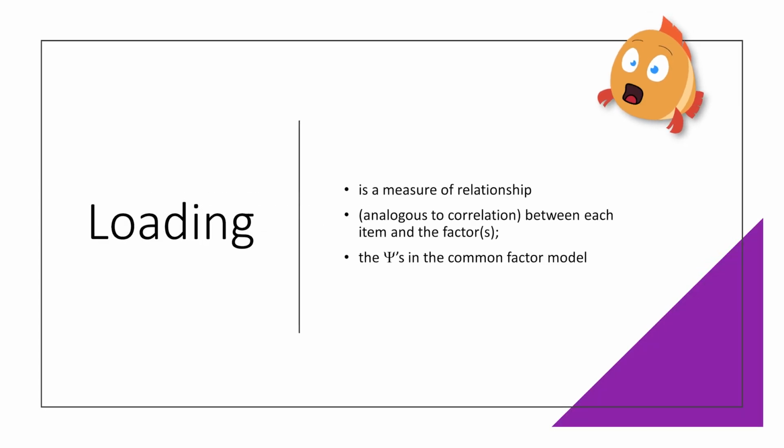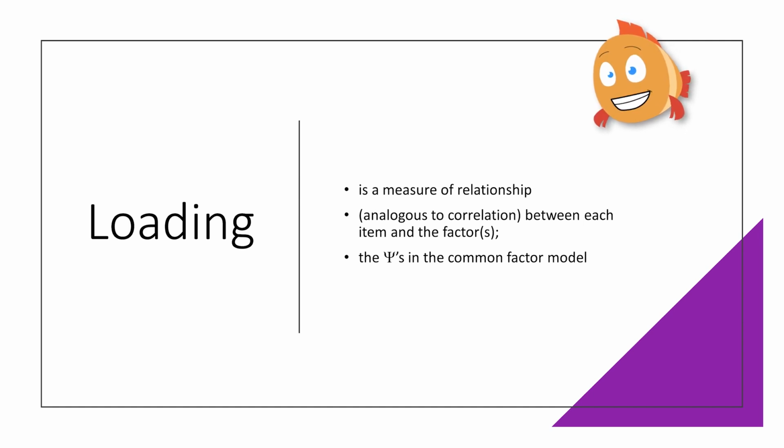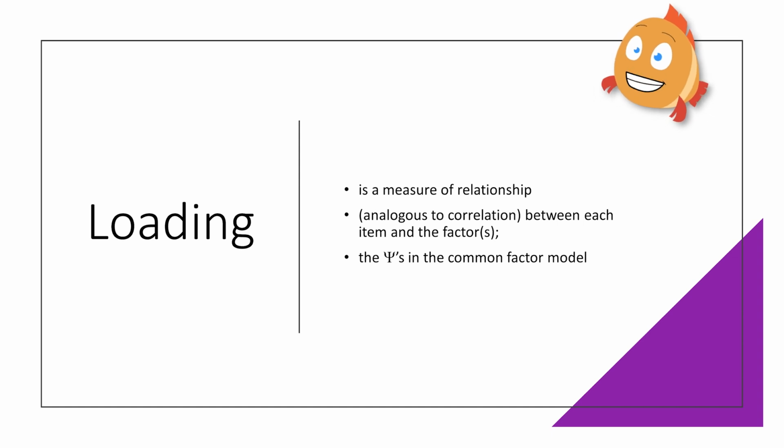Okay. Loadings are a measure of the relationship. They're pretty closely analogous to correlations. It's the correlation between each individual item and the overall factor, so that latent thing. And the size, that Greek pitchfork thing, is effectively what those are in the common factor model.